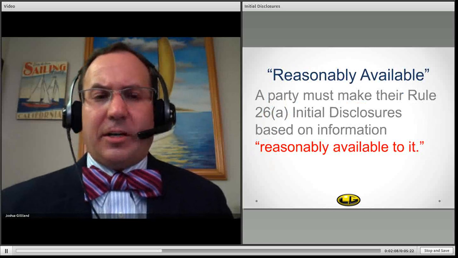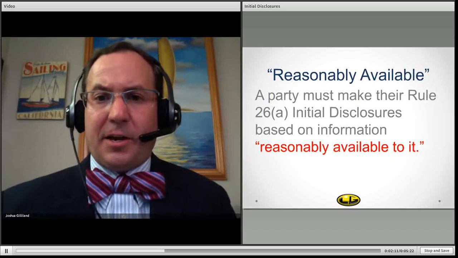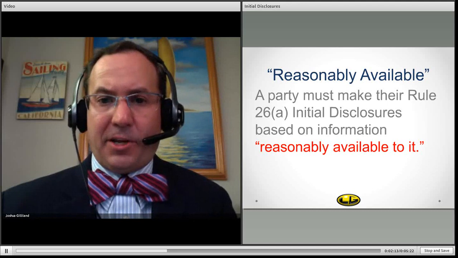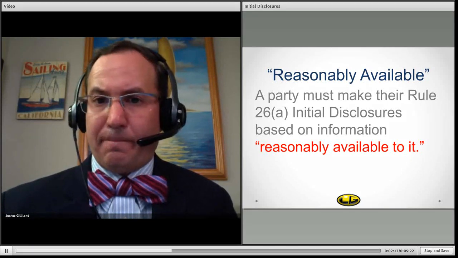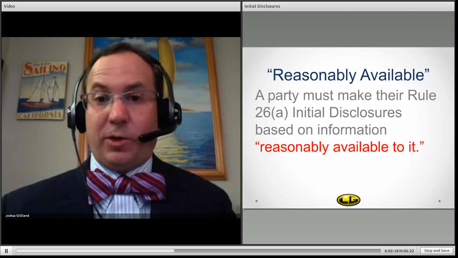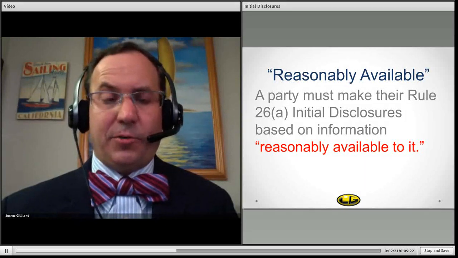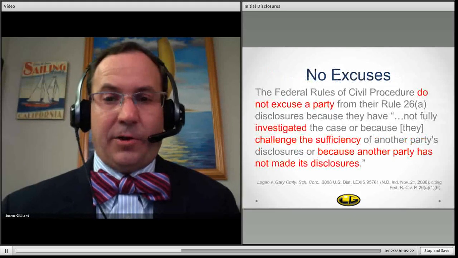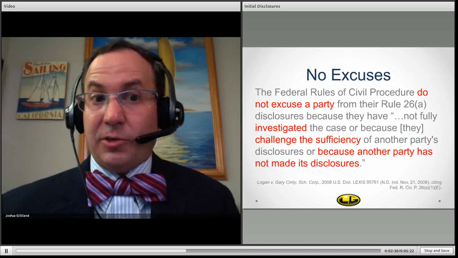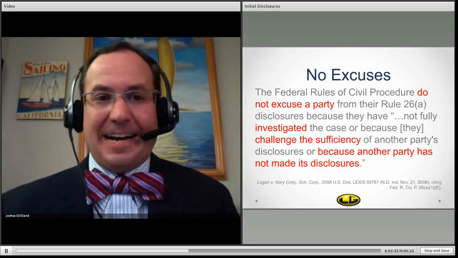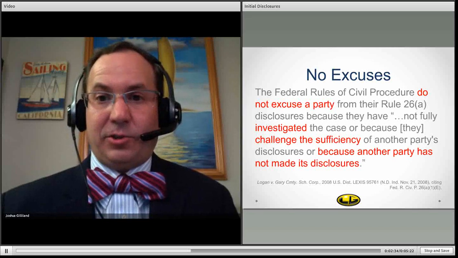Now, initial disclosures must be made by a party based on the information that is reasonably available to the party. So, based upon what you know, what's reasonably available to you is what you must make your disclosures upon. Moreover, there are no excuses under the code for not making Rule 26A initial disclosures.